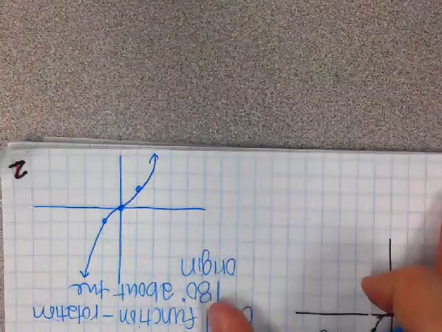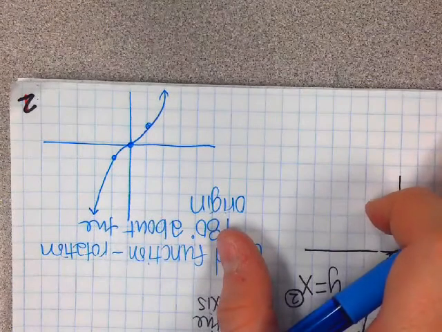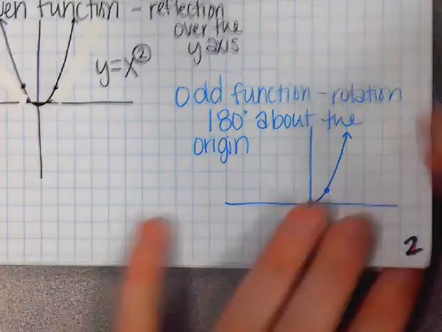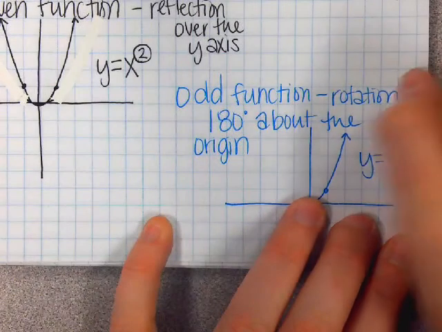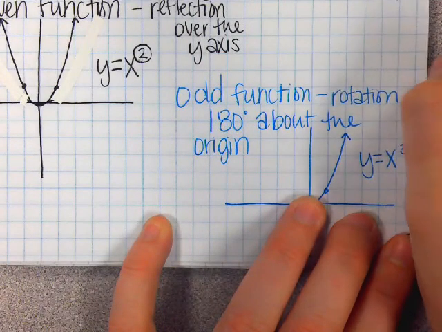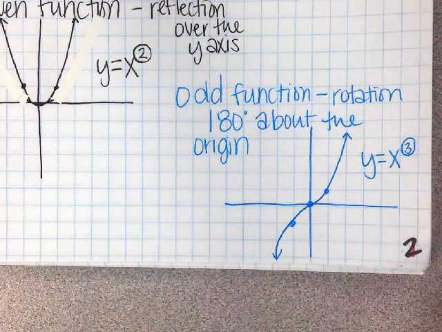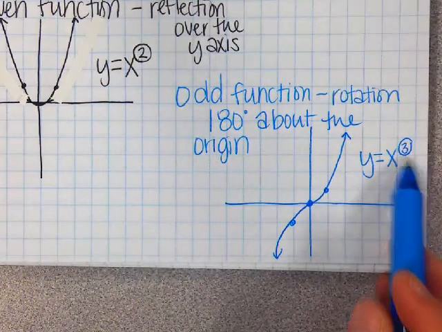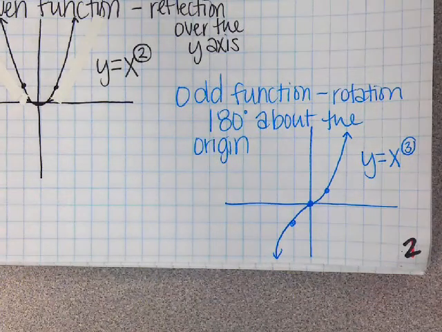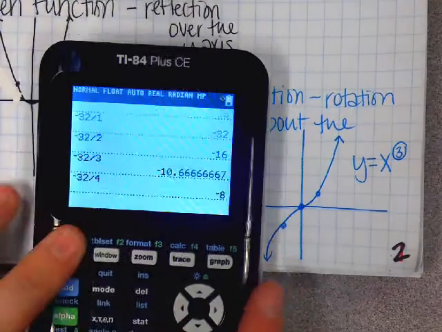If I rotated this, I'm going to go ahead and rotate my book. Notice it looks exactly the same whenever I rotate it. So that's what it means by an odd function. This is also y equals x cubed. So it's odd because of that exponent right there.